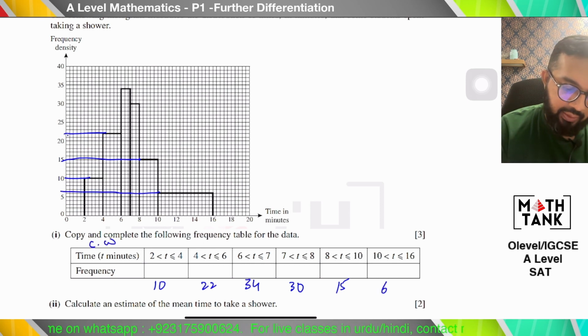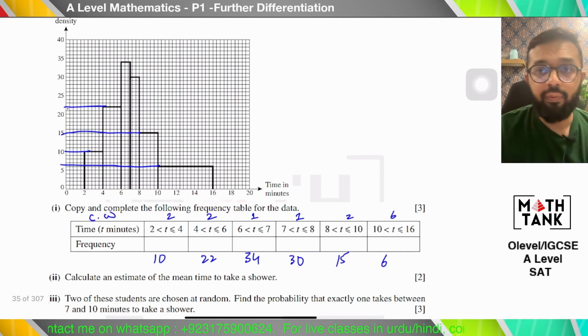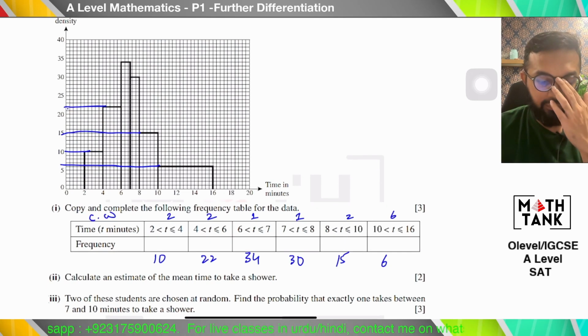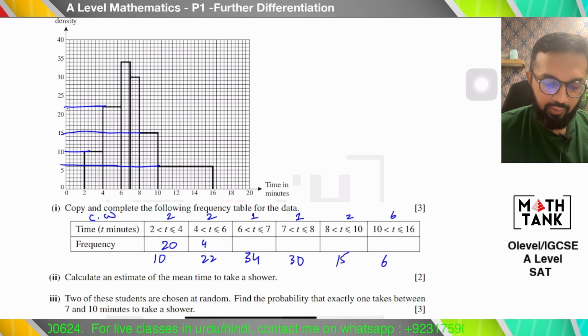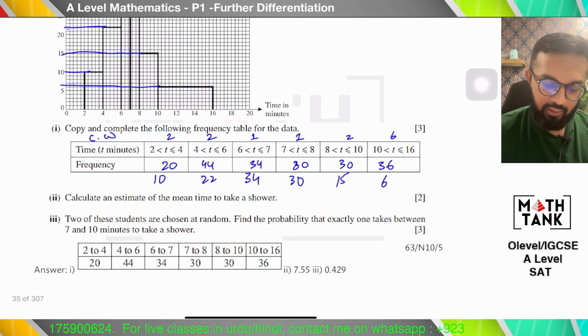I need the class widths. So 2, 2, 1, 1, 2, and 6. When I multiply frequency density with the class width, I get frequency. So 20, 44, 34, 30, 30, and 36.